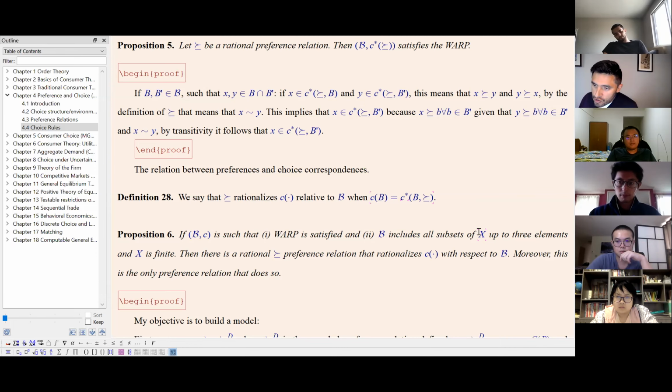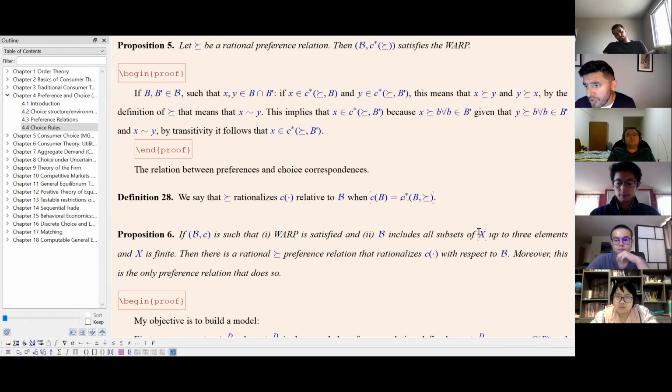And it turns out that assuming that a choice correspondence is always non-empty, as Mas-Colell does, is actually requiring a lot. It is actually ruling out a lot of behavior that would actually mind the gap between WARP and rationality.